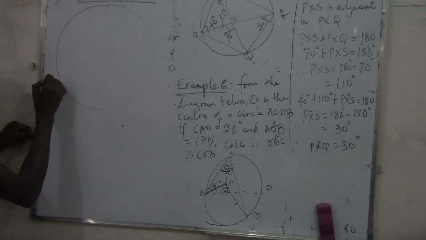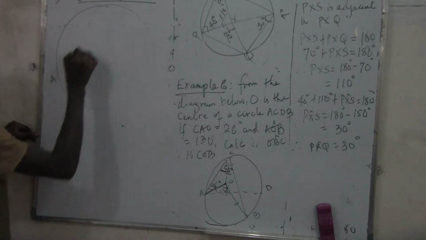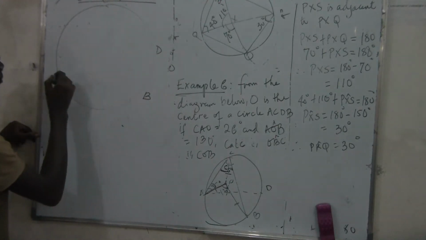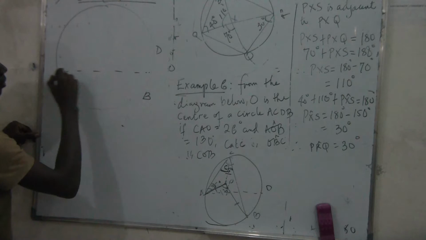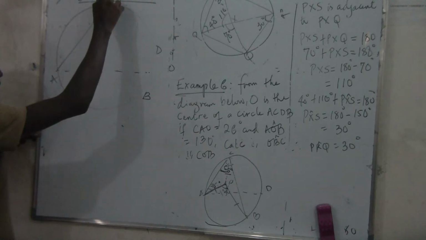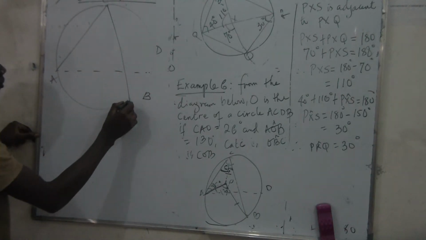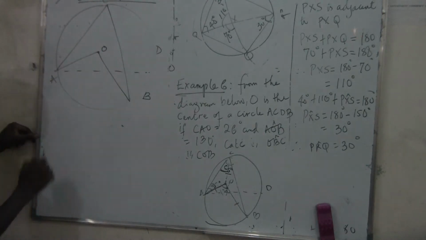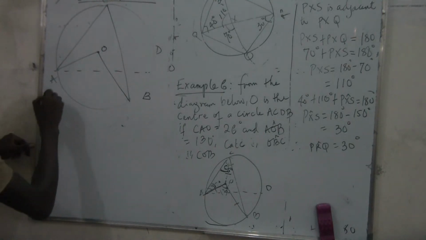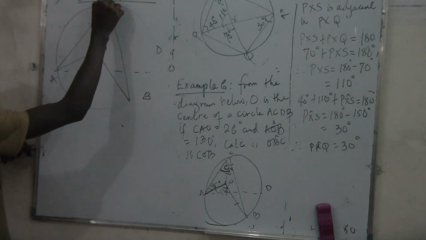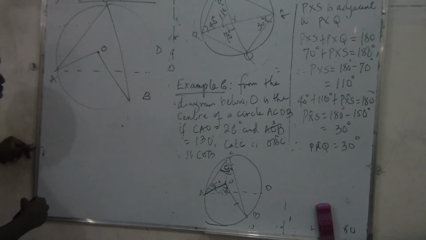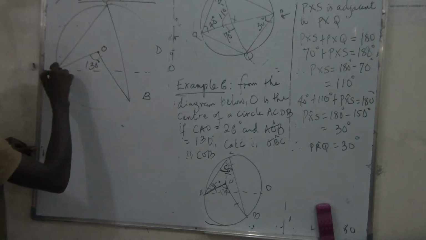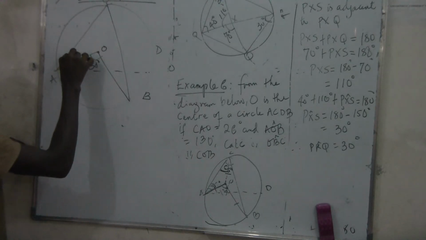Okay, so we have the circle A, C, D, and B. This is the center of the circle, O. And the information we have is that this is C here. So from the information we know that this angle is 130 degrees, and this angle is 26 degrees.